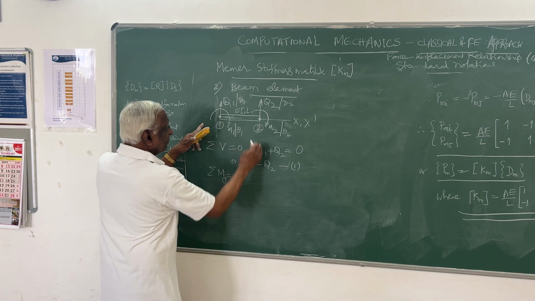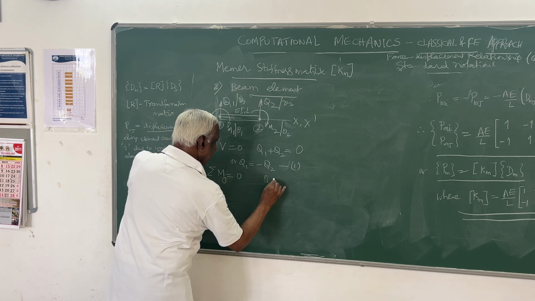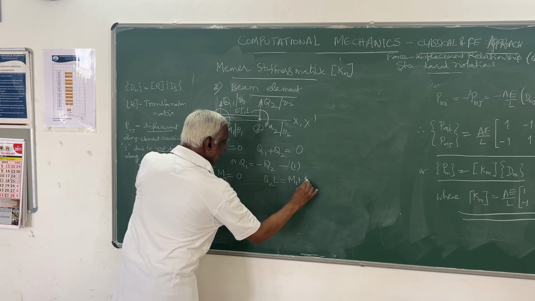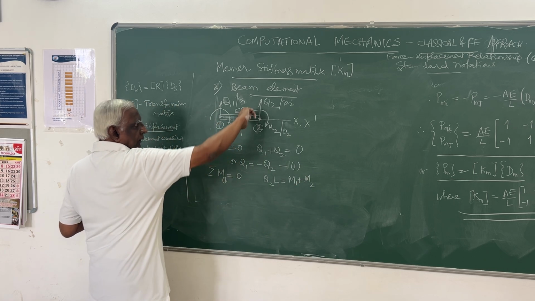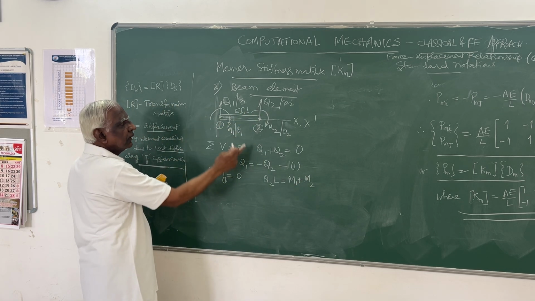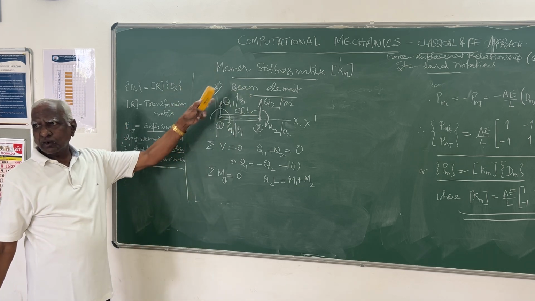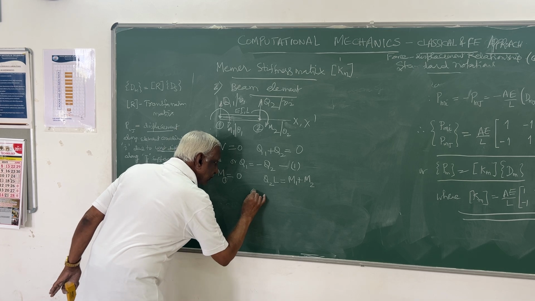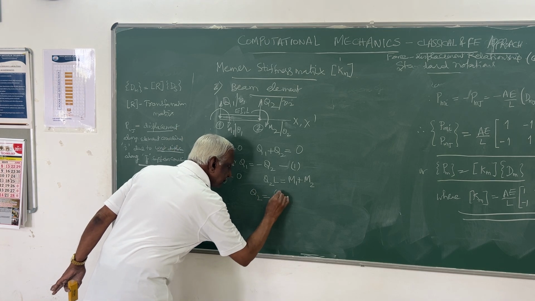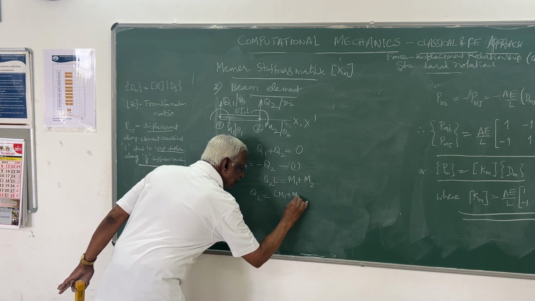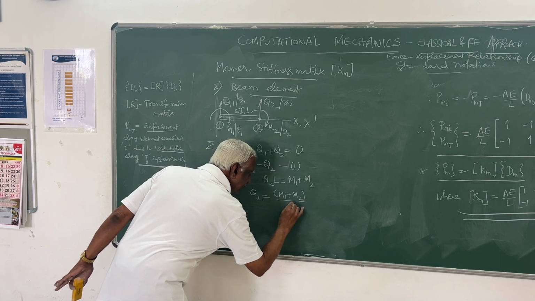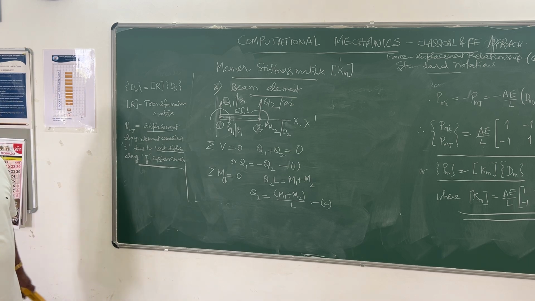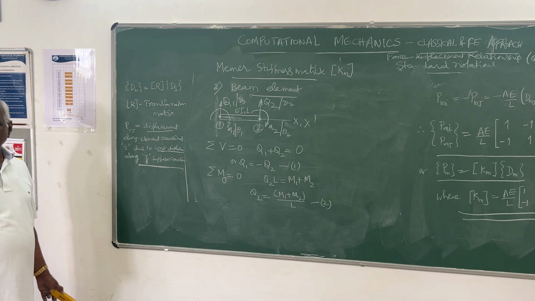Sigma M about 1 equal to 0 will give you Q2 into L is equal to M1 plus M2, Q1 will not give any moment. Or Q2 equals (M1 plus M2) by L. Correct? This is what you have.